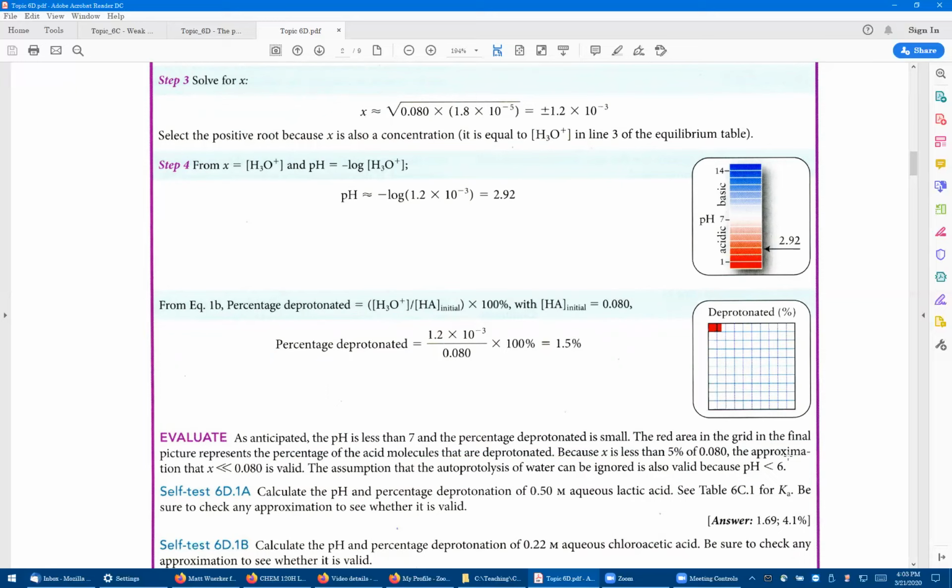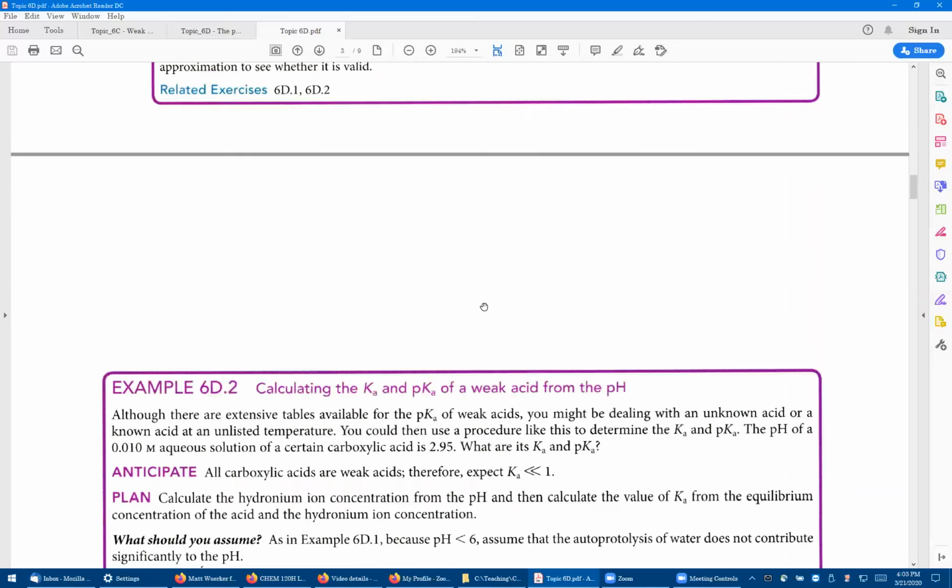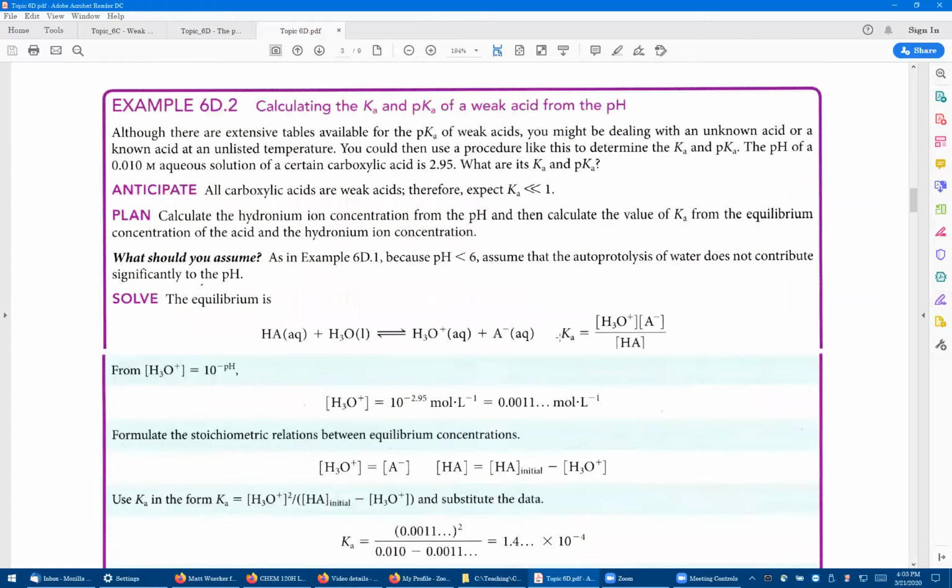All that means is that if the pH is less than 6, then the concentration of hydronium ions from the acetic acid is more than 10 times larger than it would be from the water itself. But again, we're not going to have to check for this in each case because we're going to assume it's always valid. So that's the approach for going about finding the pH of a weak acid solution, knowing the initial concentration and the Ka.